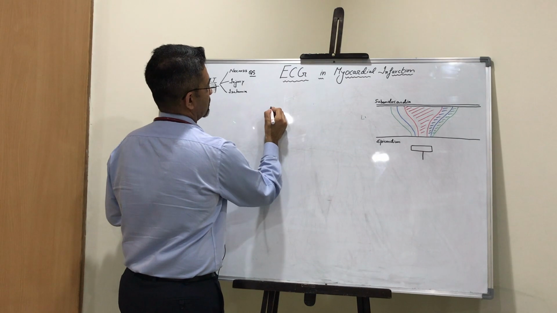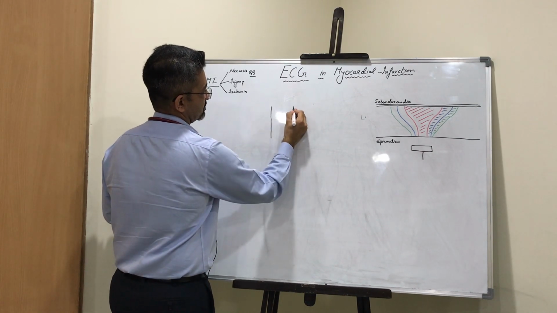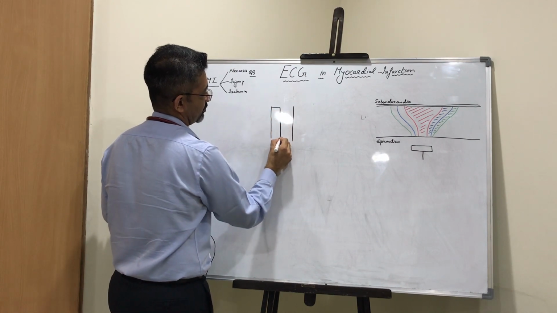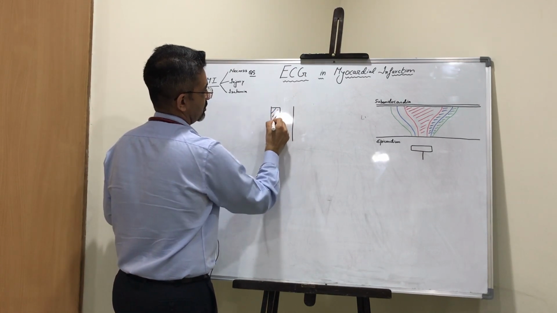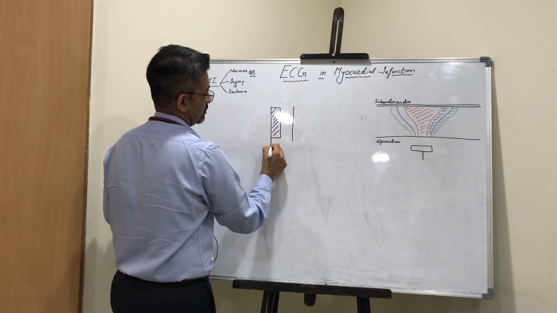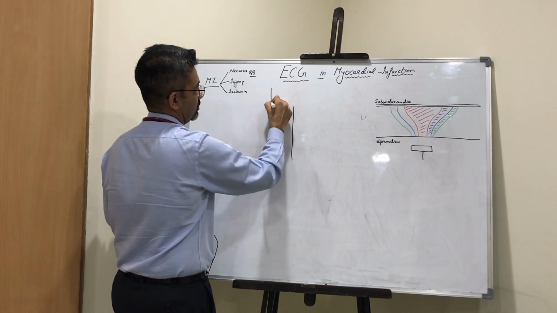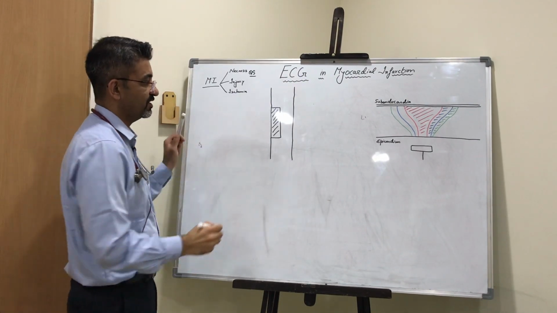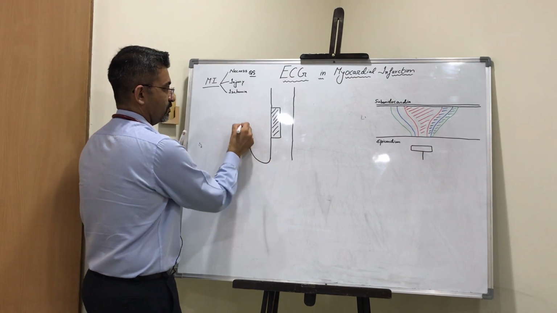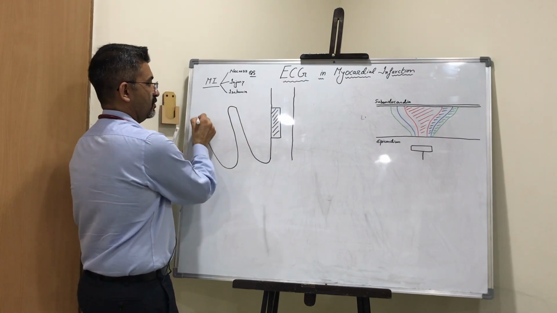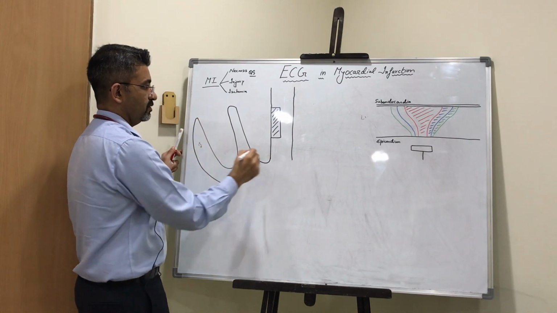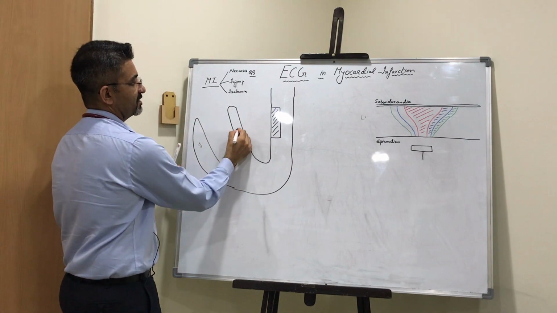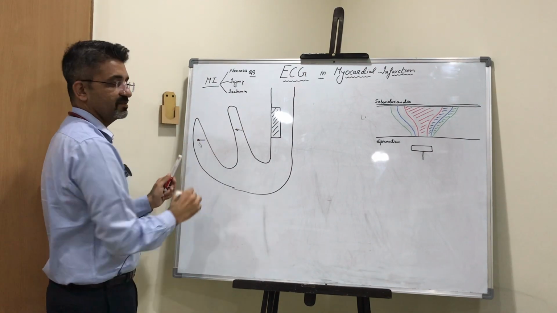Say for example, I have this ventricular myocardium and there is subendocardial infarction. Again, the septal vector is in this direction, the RV free wall vector is in this direction.